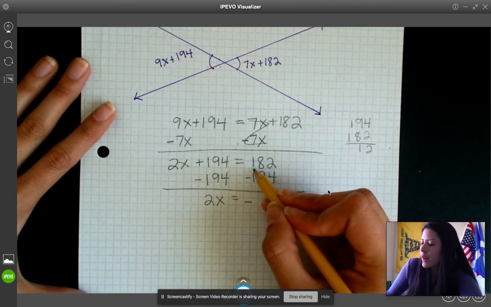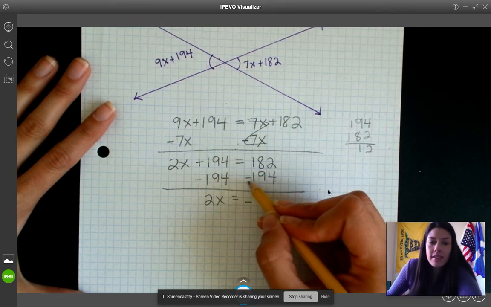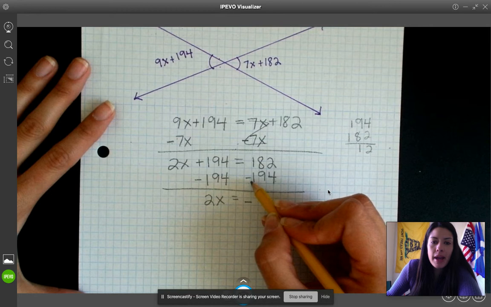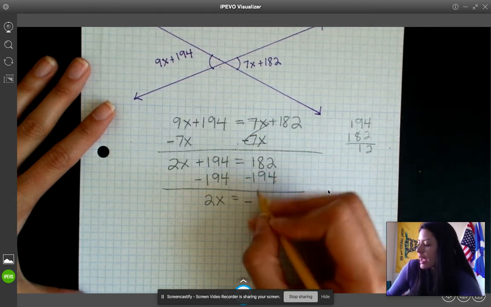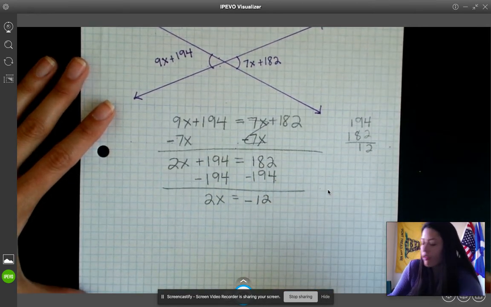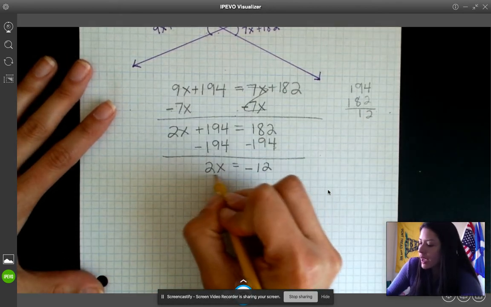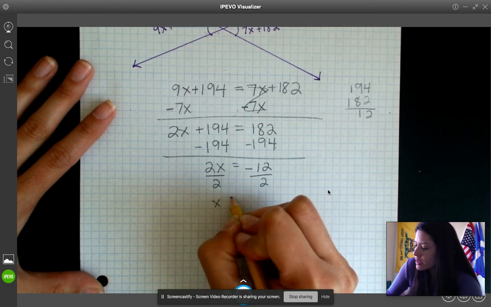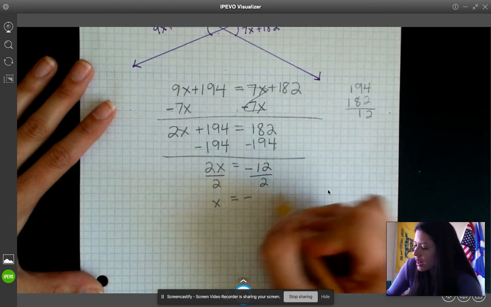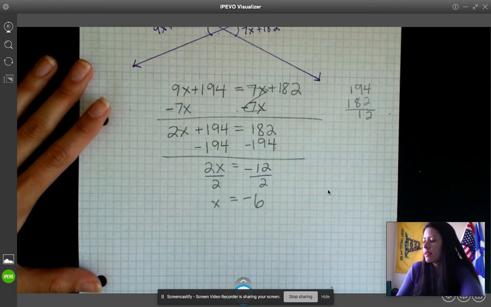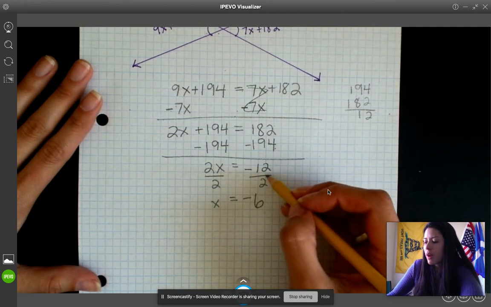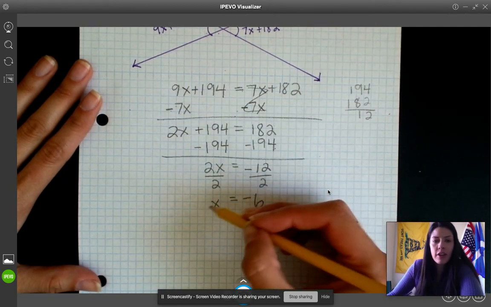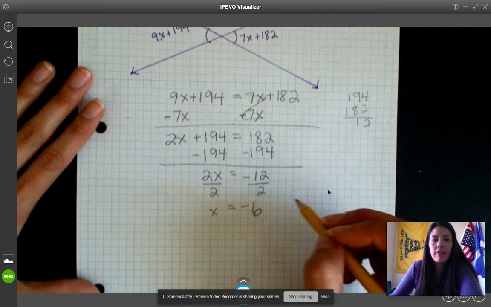So when I take 182 minus 194, I'm going to get negative 12, okay? And I'm going to divide both sides by 2, and x is going to equal a negative 6. Okay, negative 12 divided by a positive 2 is a negative. So x is going to be negative, all right?